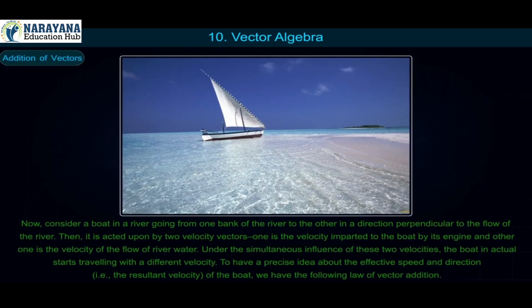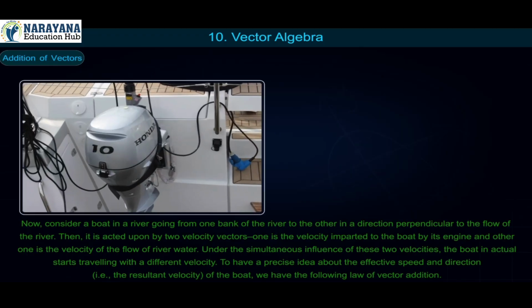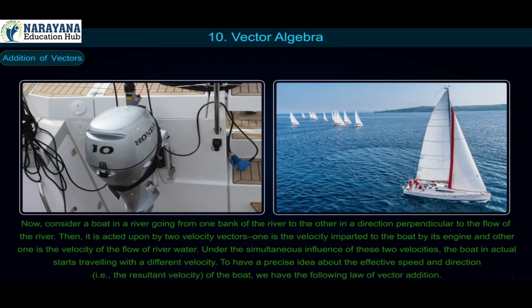Now consider a boat in a river going from one bank of the river to the other in a direction perpendicular to the flow of the river. Then it is acted upon by two velocity vectors. One is the velocity imparted to the boat by its engine and the other is the velocity of the flow of river water.